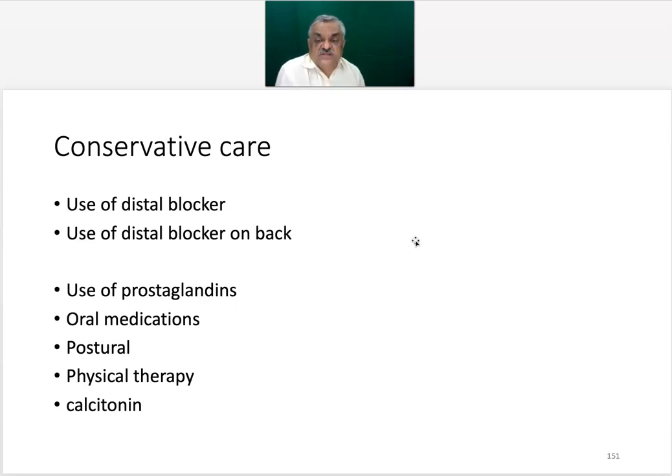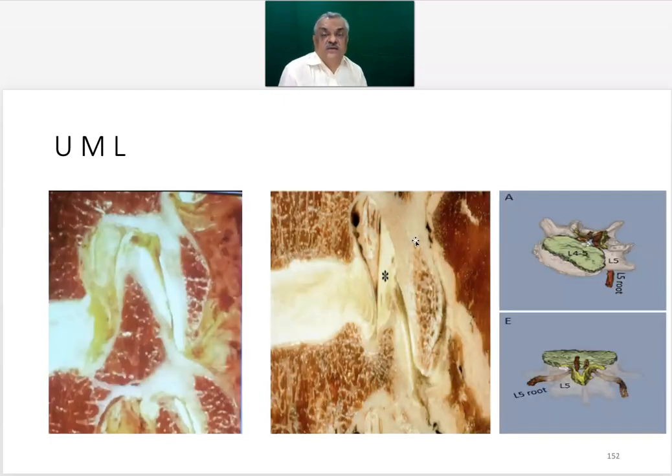We use this distal blocker on the back as well as distally on the leg towards the points which were mentioned before, so that the patient is able to experience the change in the walking ability. We can also use oral medication, postural exercises, physical therapy. In some patients calcitonin helps, and use of IV injectable prostaglandins has been reported in the literature, but we have no personal experience about that modality of care.